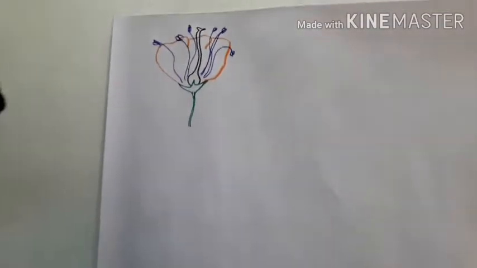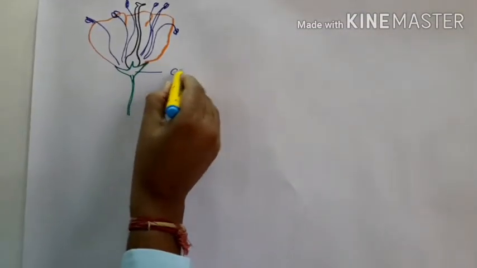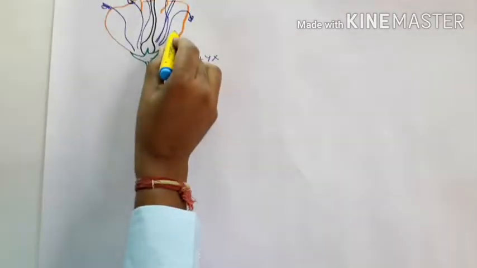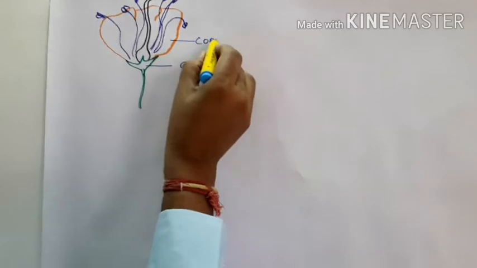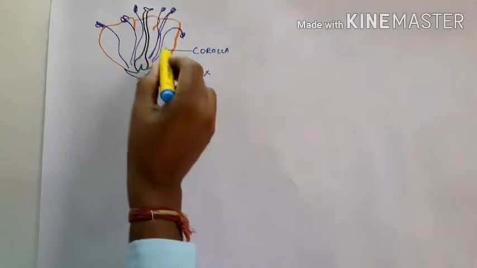Okay, right. Now, in this diagram, you are able to see that this is your calyx, right? And this is your corolla. It's composed of the petals, right?